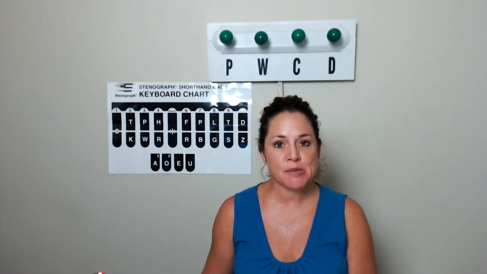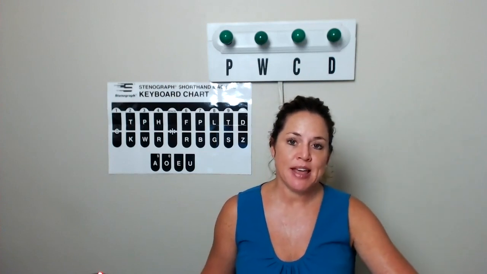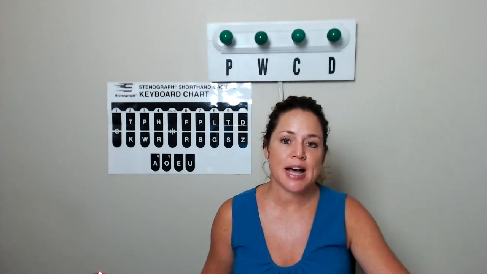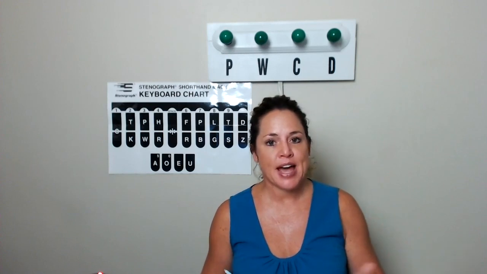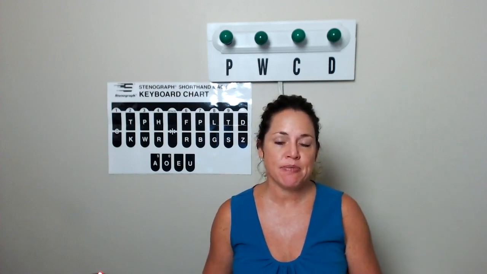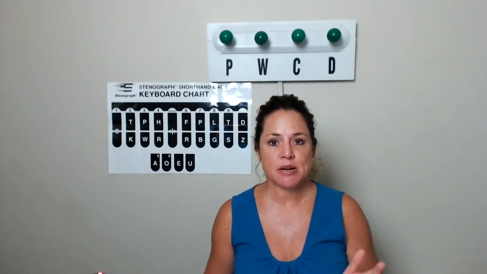So once you get into speeds, you will have your official speed that you will be in, and then you'll have what we call a trail class, and that is a class that is slower than the actual speed you're in. So let's say you're writing at 100 words per minute. Your trail class would be considered 80 words per minute or 60 words a minute.